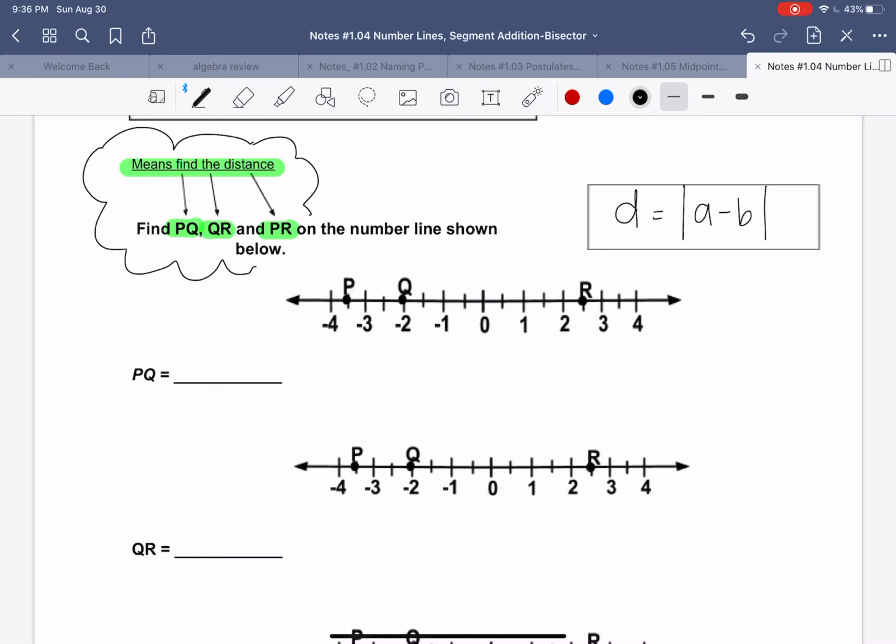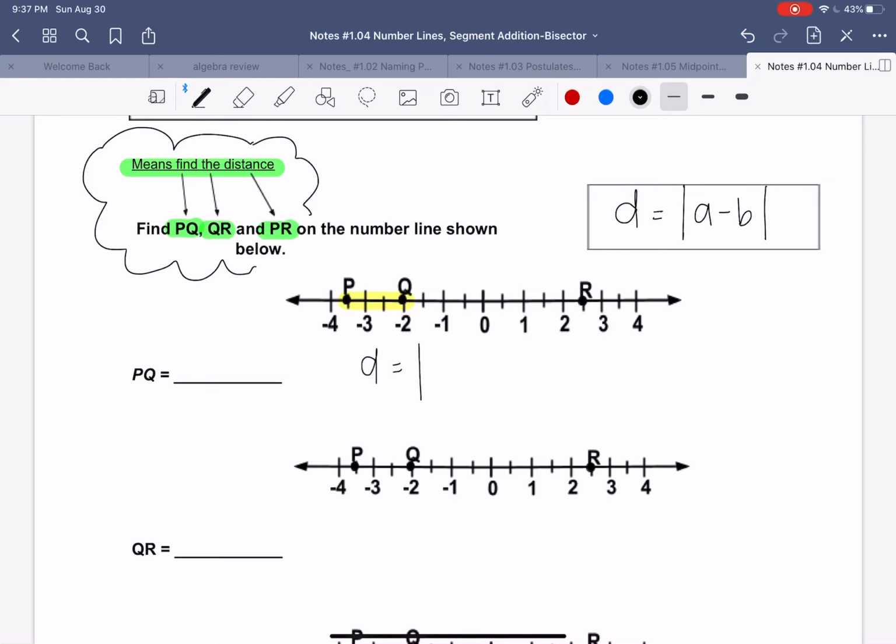Okay, I want to find the distance between P and Q. Okay, and in your notes, I want you to just make one number line. Just make one number line because all the points are the same. And then you can put the answers underneath, like our examples. Okay, so I want to find the distance between P and Q. So here's how the distance formula works.